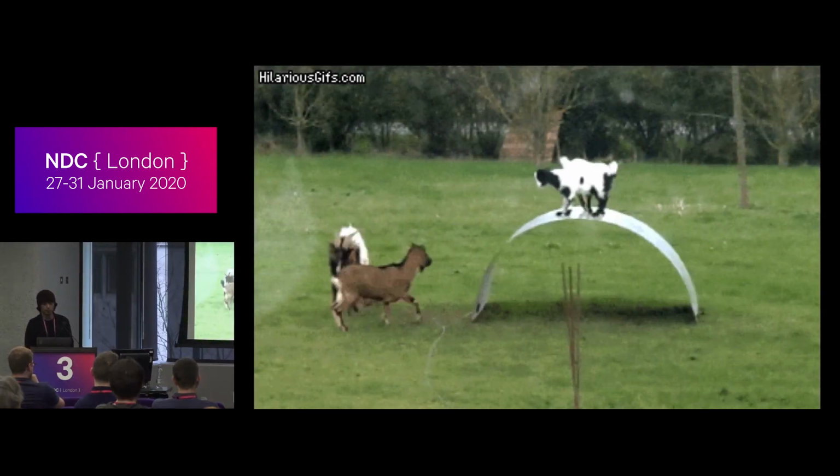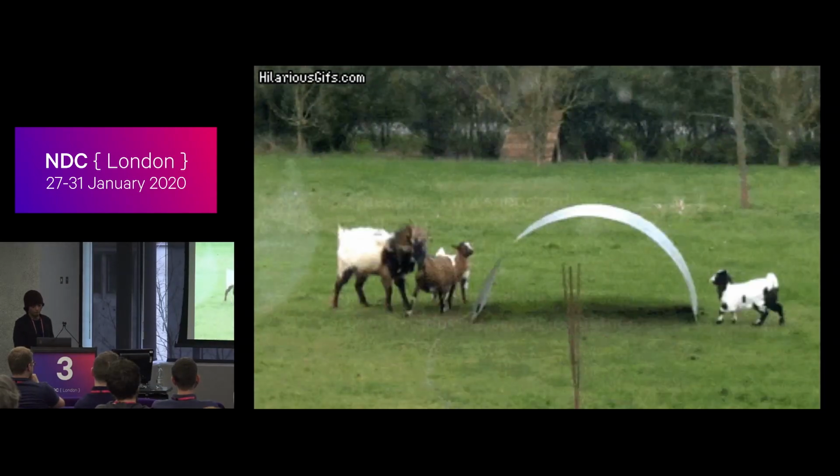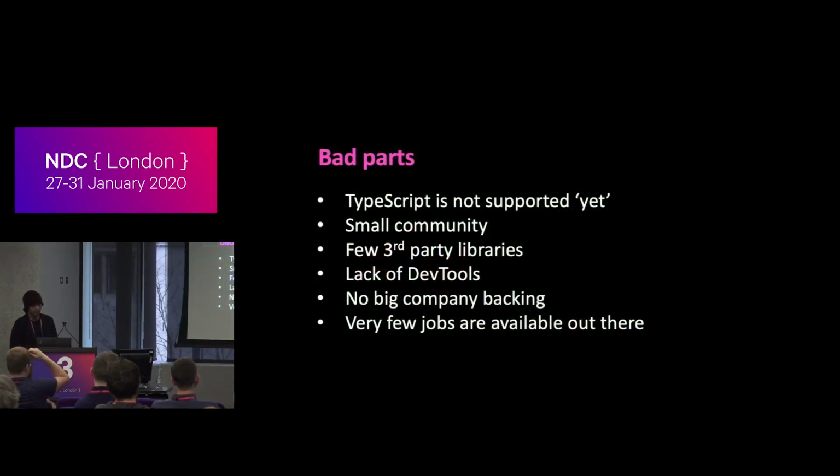So yeah, let's weigh in the bad parts and the selling points of Svelte. Bad parts: TypeScript is not supported yet. Small community, few third-party libraries, lack of dev tools, no big company backing, very few jobs available out there. But you know what? Angular, React, and Vue had a similar history before.